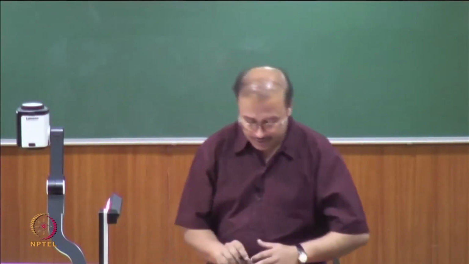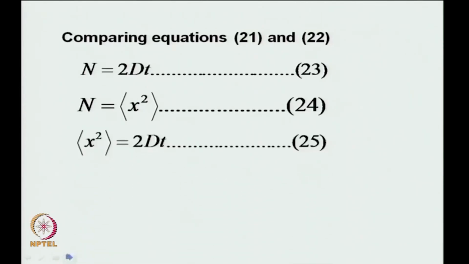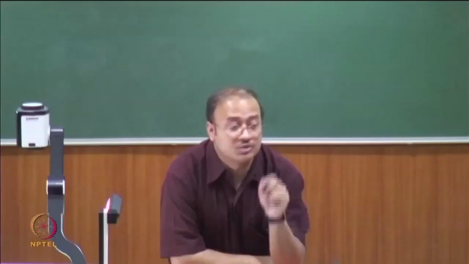So, then what I can say is, from before we saw n is equal to the average of x squared, and hence now it is easy: the average of x squared is equal to 2Dt. Now, did we derive this before by some way or the other? We derived it using the Langevin equation, is not it? We derived this using the Langevin equation and this is what we got.